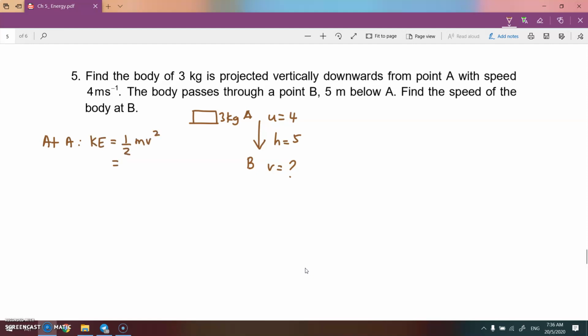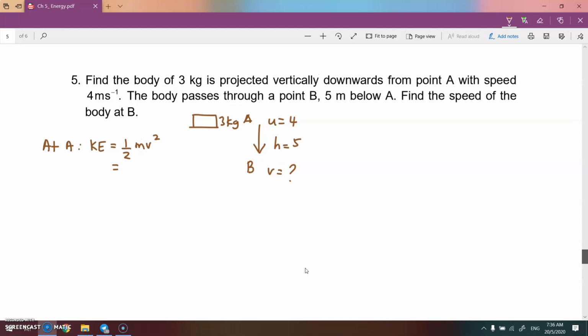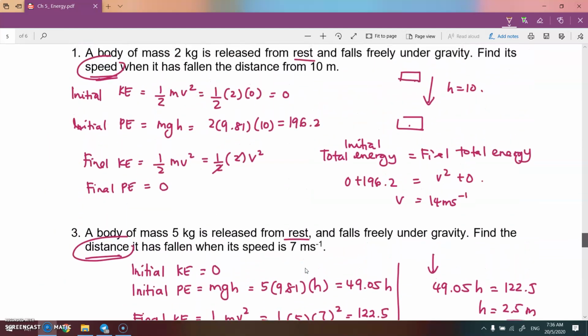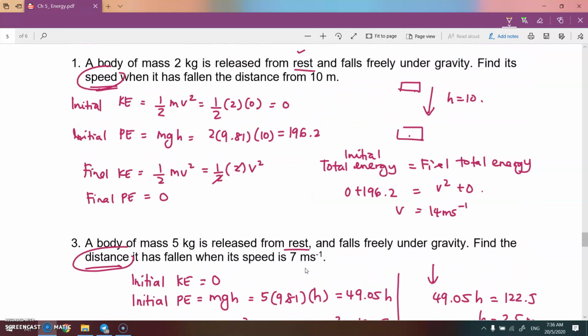Just now for question 1 and 3, the object is released from rest, so V is equal to 0. That's why your kinetic energy is equal to 0.